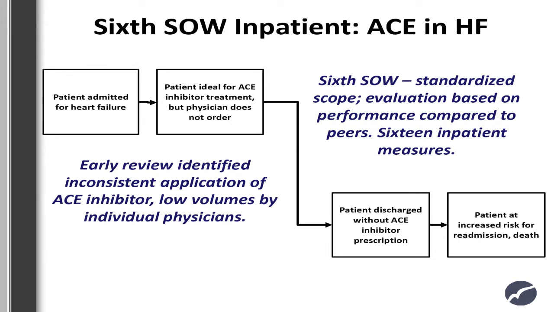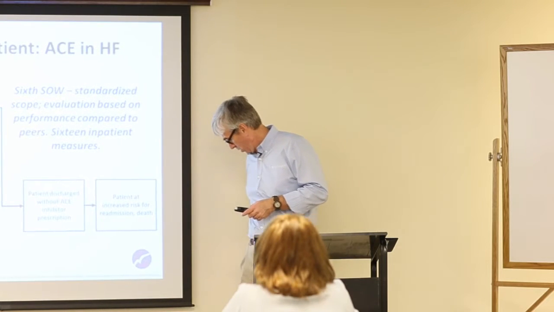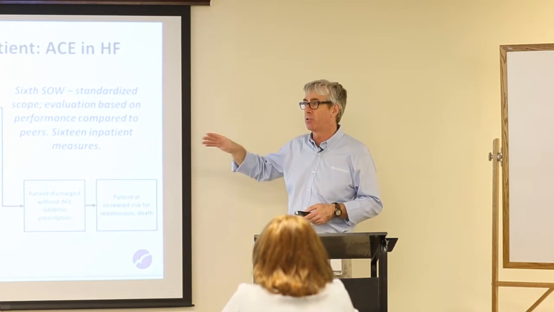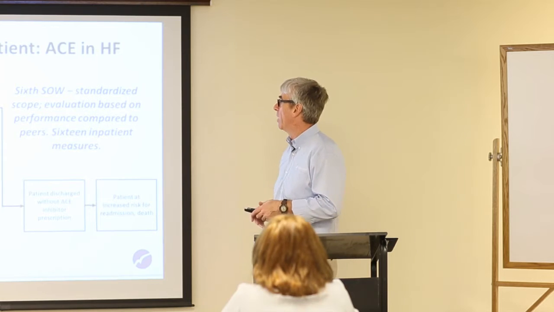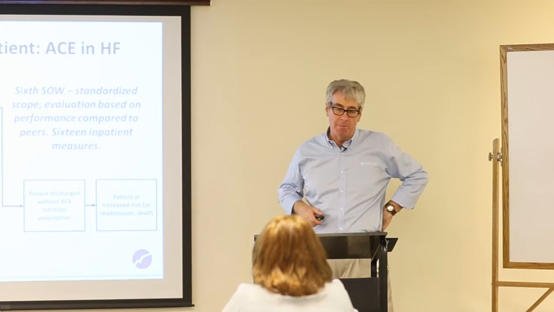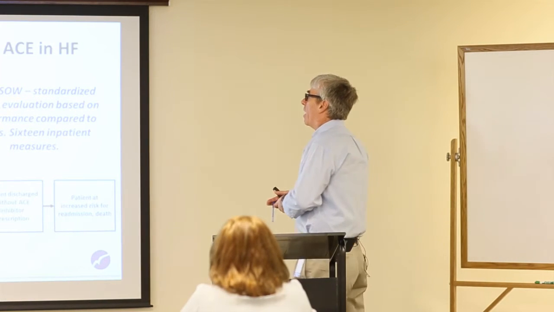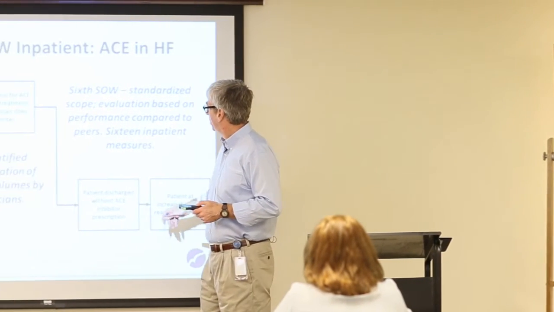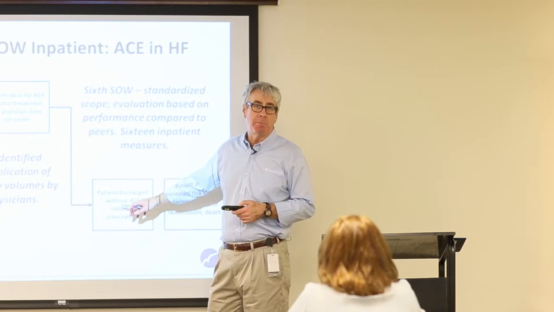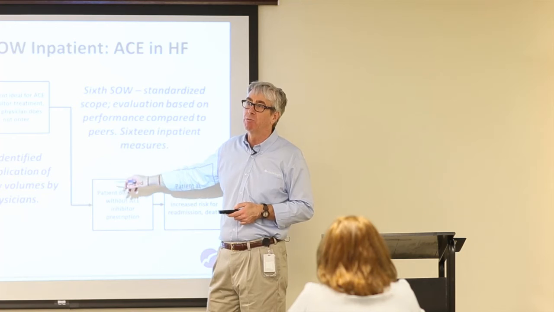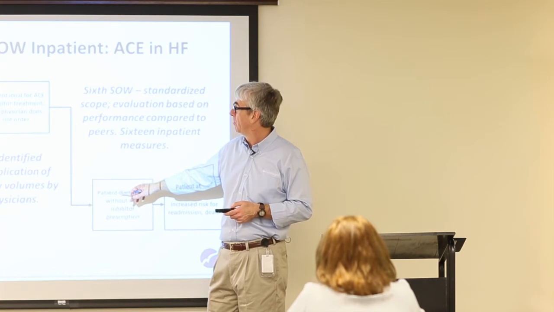This was one of the first times, by the way, in the Quality Improvement Organization work, that there was a standardized evaluation throughout the country. We're all going to be evaluated on the same metrics. I think the performance was around 60% of the patients identified that were ideal for this treatment were actually receiving it at the time.